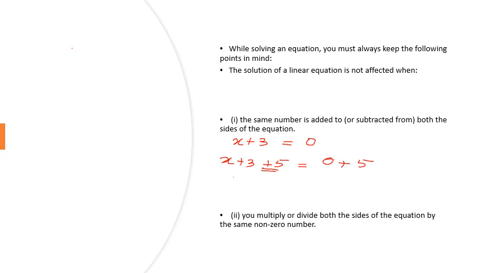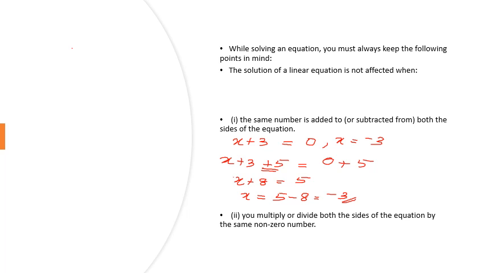Is there any change? No. You will get the same answer. If x plus 3 equal to 0, then x equal to minus 3. Here also you will get x plus 8 equal to 5, or x equal to 5 minus 8, that is equal to minus 3. So there is no change in the solution.